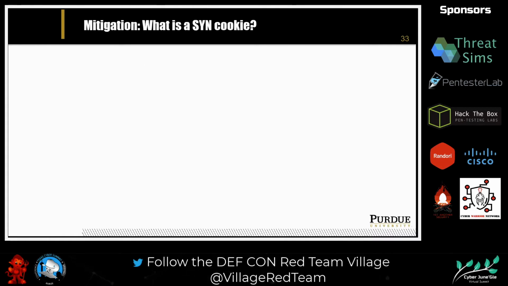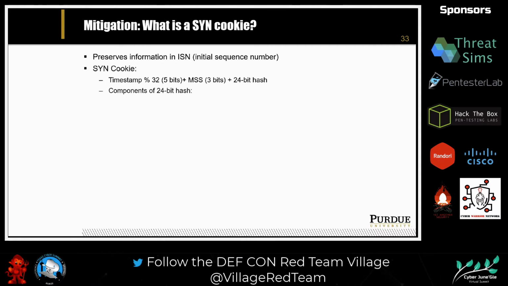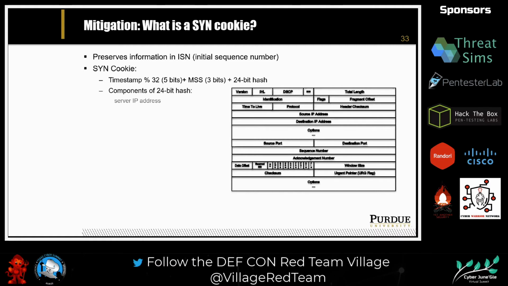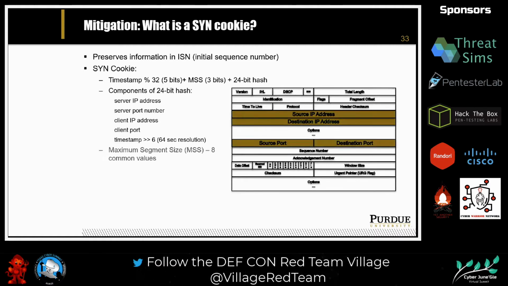Now, how do we mitigate this? We saw that queue length and timeout are not helping us solve this problem. There were certain things we needed to preserve from the first packet that the client sends to the server, that go into this storage unit on the right side of the server, if you remember.